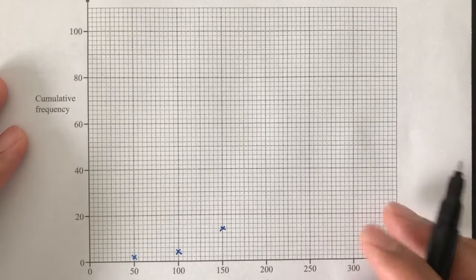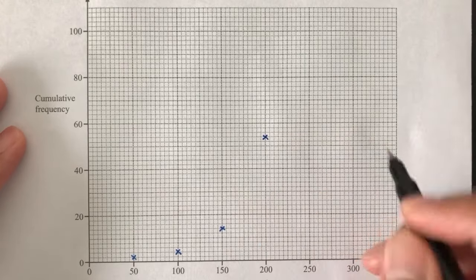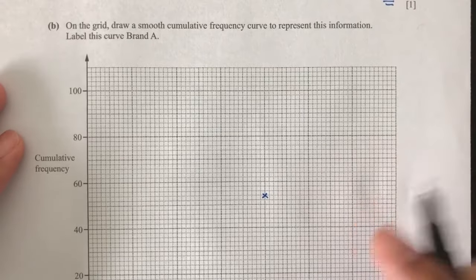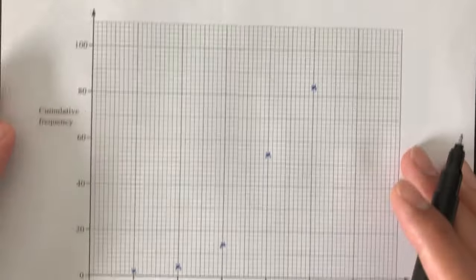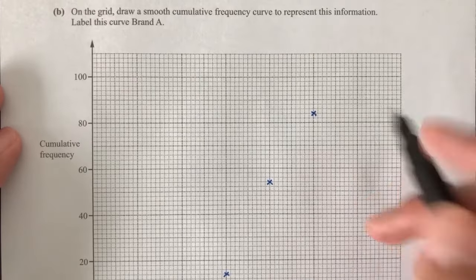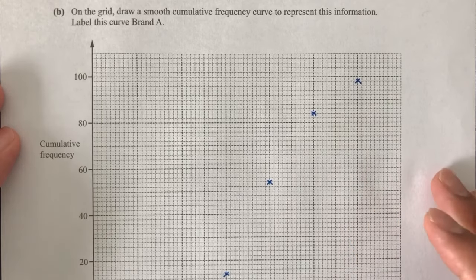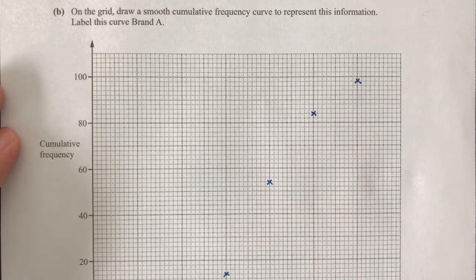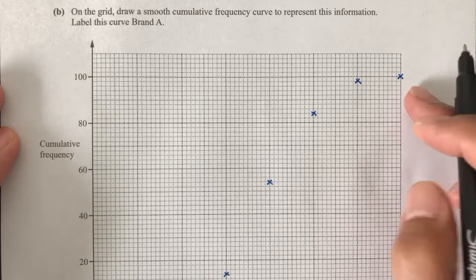So here, now we have 200 and 54, that will be right here. Then we have 250 and 84, so 84 will be right here. Then we have 300 and 98, about here, and the last one will be 350 and 100. That will be here. That's the last one.